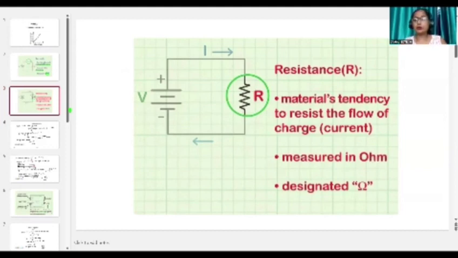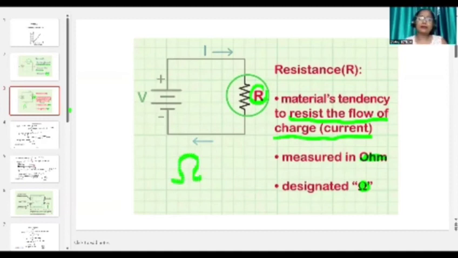So, the material's tendency to resist the flow of charge is known as resistance, and it is denoted by capital R, and its symbol, you can see, is the zigzag line. The SI unit is ohm.